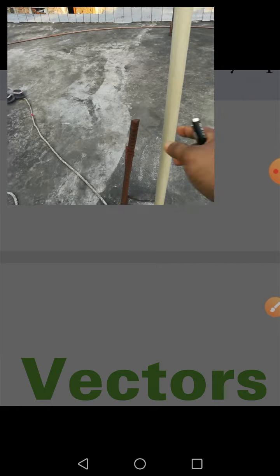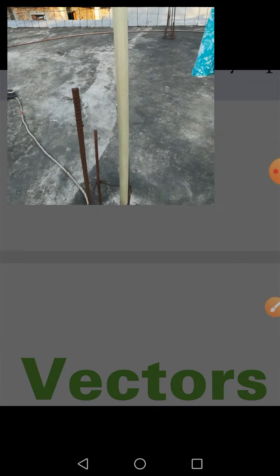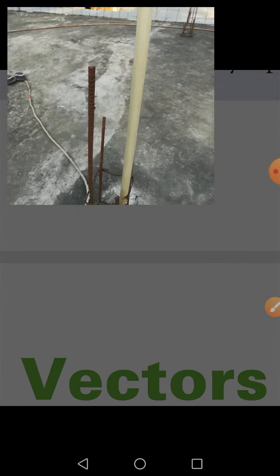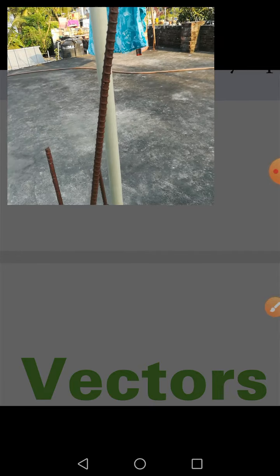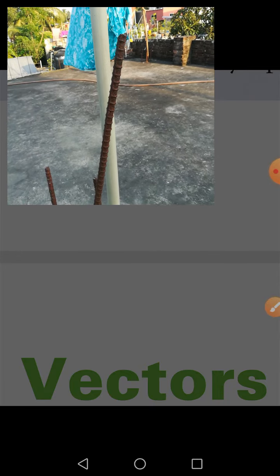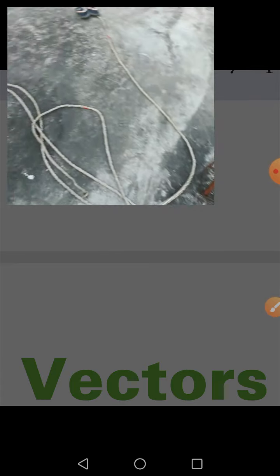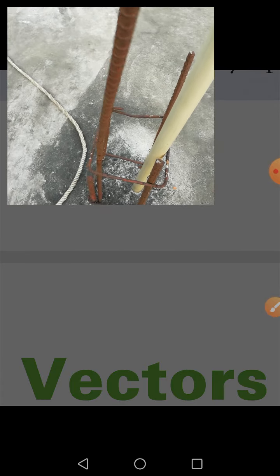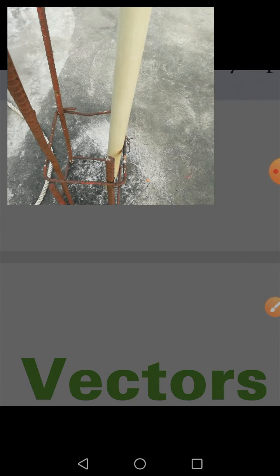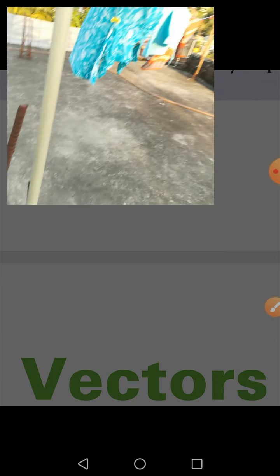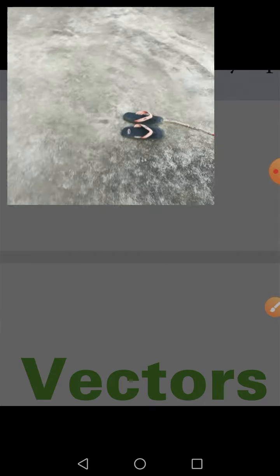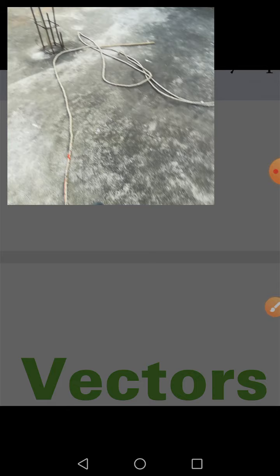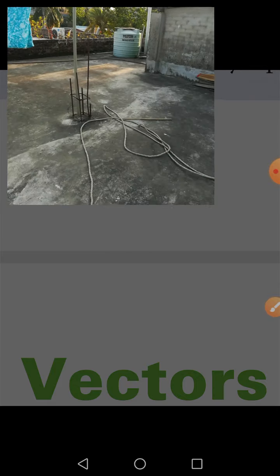Now look, this line and this line are not parallel, as you can see from here, but they are also not meeting. Look at this line and this pipe, they will never meet. So now let's move along the y-axis and see whether they are the same distance from the y-axis or not.